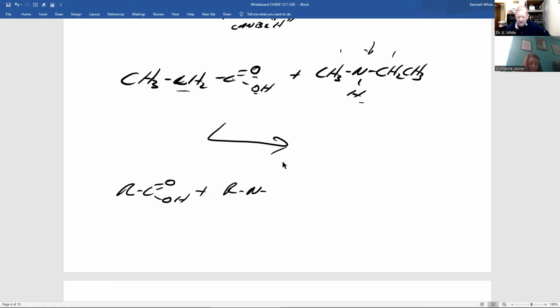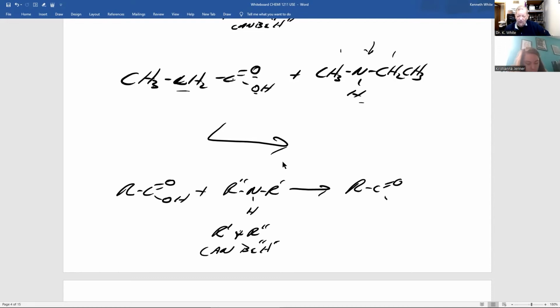That's an amine, which I can draw like this. And R prime and R double prime can, but do not have to be, hydrogen. In this case, they're not. And what happens? You form an amide. You get water too, but that's inorganic.